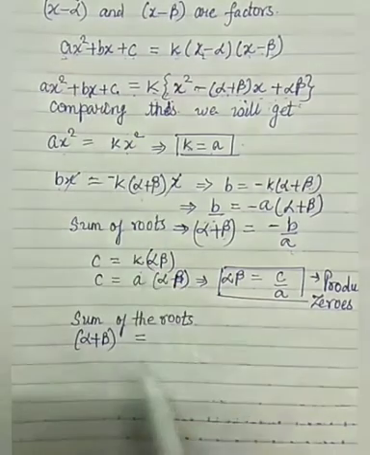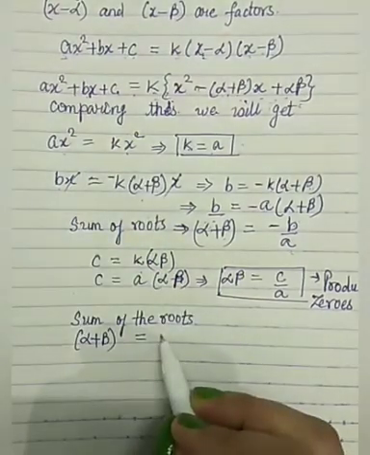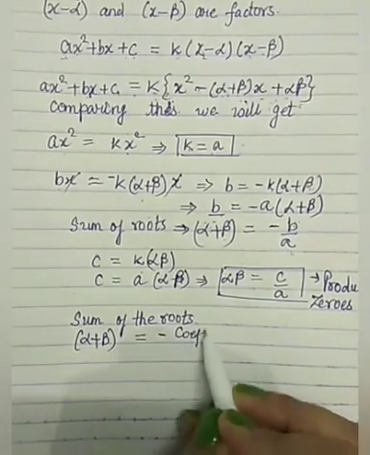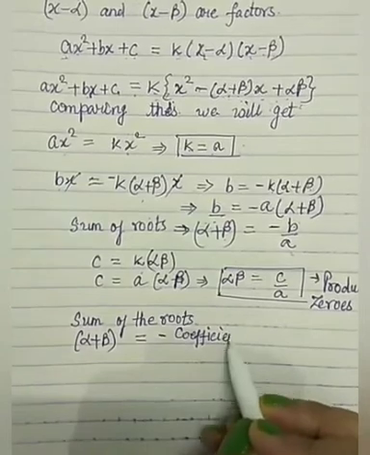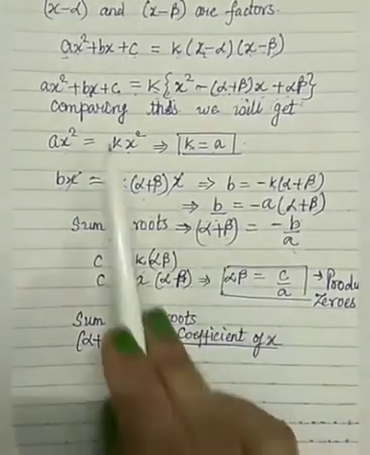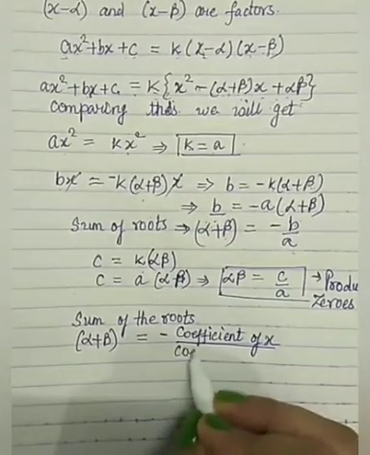So we can write it as minus coefficient of x, and a is the coefficient of x square.